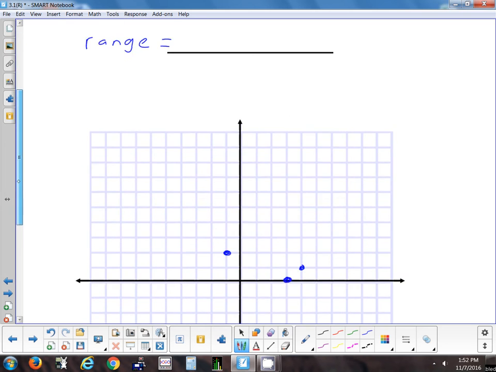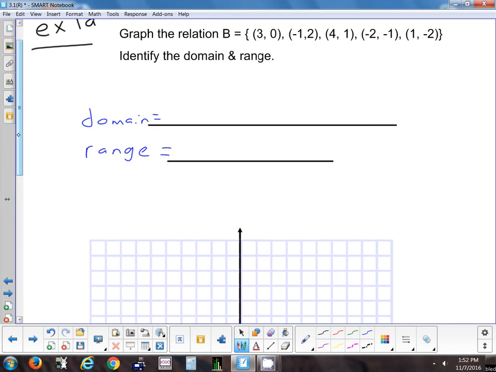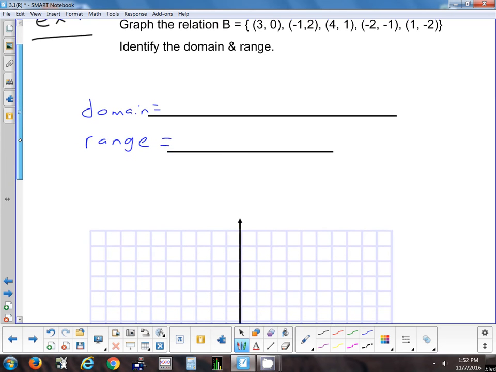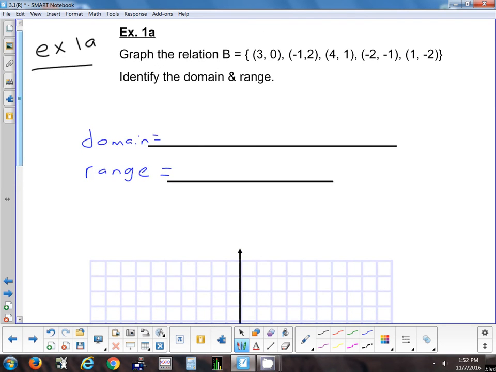You guys also have to graph these too. Dominic, how about -2, -1? Left 2 and then what? Careful, that's a negative. Down 1.